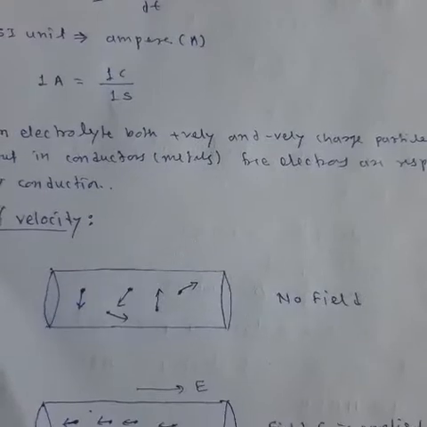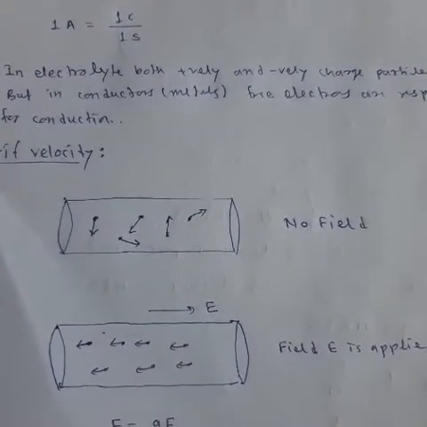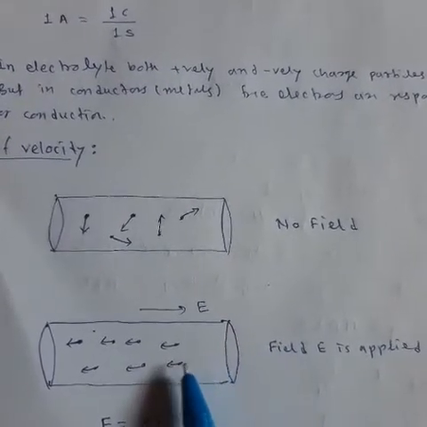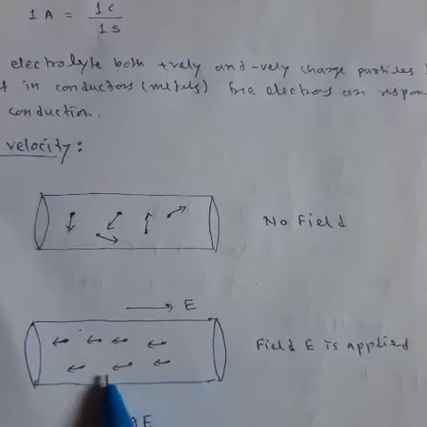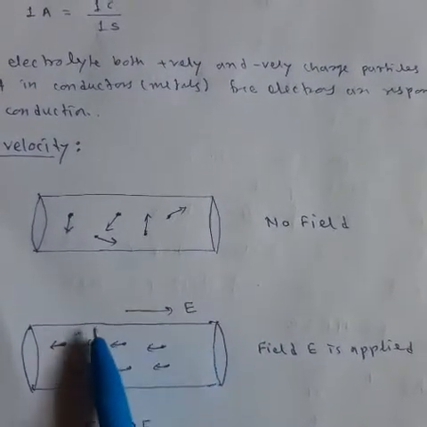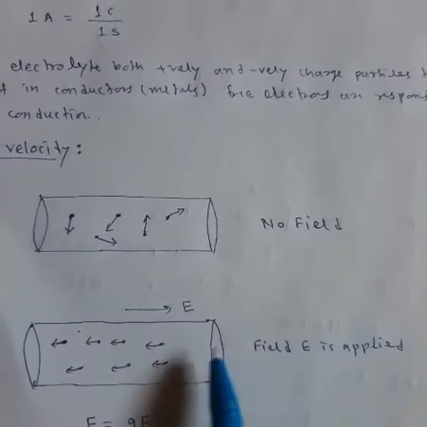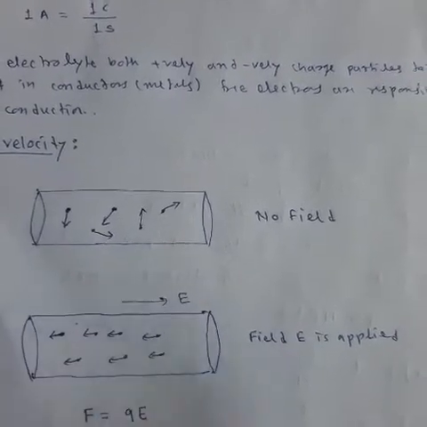But when we apply the potential difference across such conductors, electric charges, means negatively charged electrons, move opposite to the direction of the electric field. Say this is the direction of electric field E in the right direction, and we know that negative charges always flow in the opposite direction.